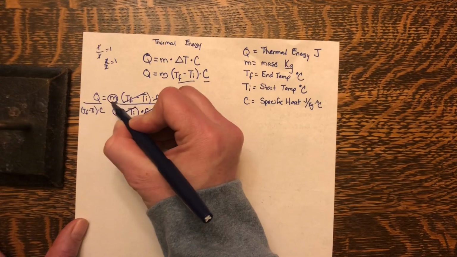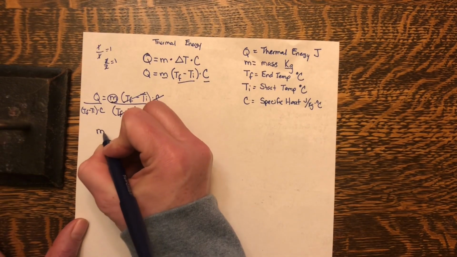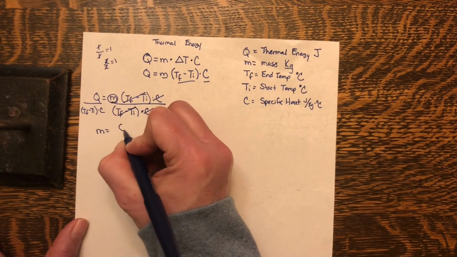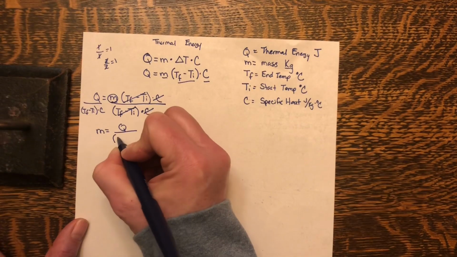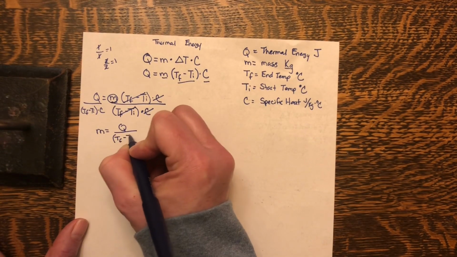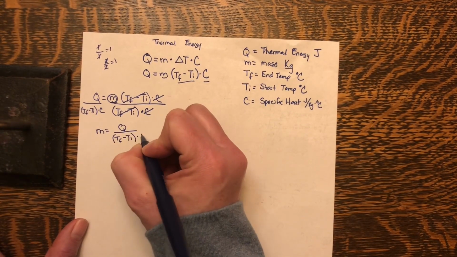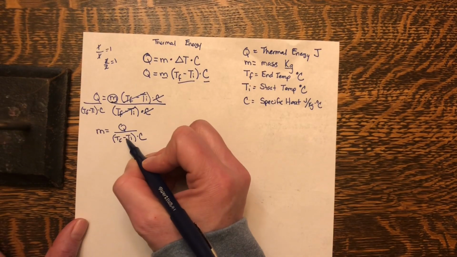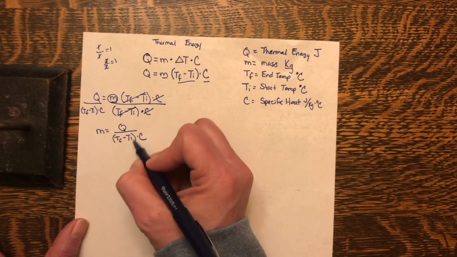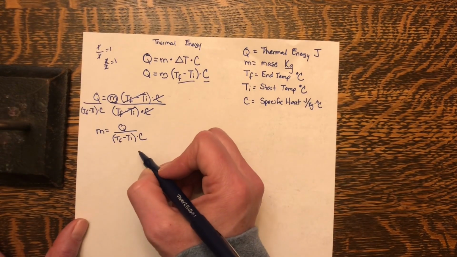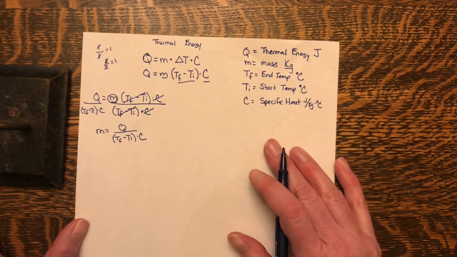So we're left with just our mass. So our mass is going to equal our thermal energy divided by our temperature final minus our temperature initial times our specific heat. Notice that this is in brackets, so we have to do this subtraction before we do any of those. You need to write this equation down in case you need to use it for some of your problems later.